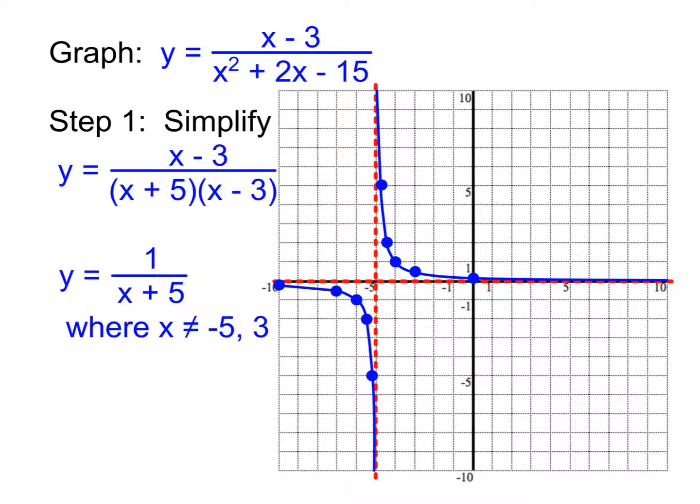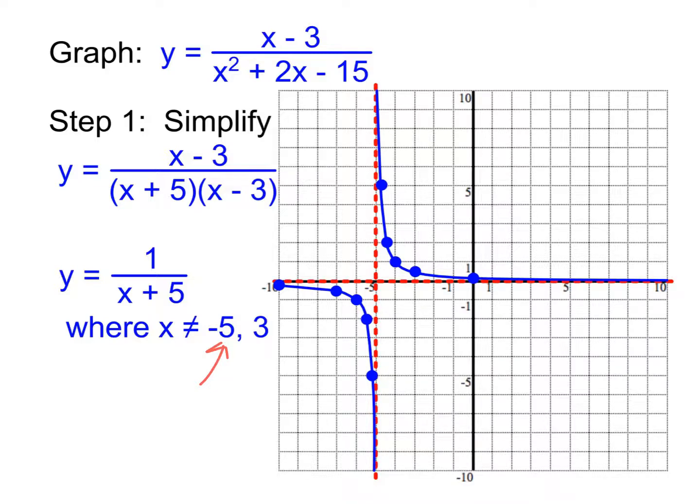So notice we know that x cannot equal negative 5. Well, that's obvious, I hope, because that's where the asymptote is. We've dealt with that quite a bit. But the 3, how do we deal with the 3? Because clearly, as you take a look at this graph, there's not an asymptote at 3. So how do we account for it?